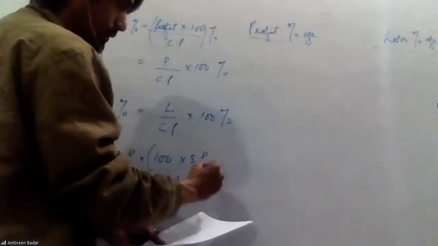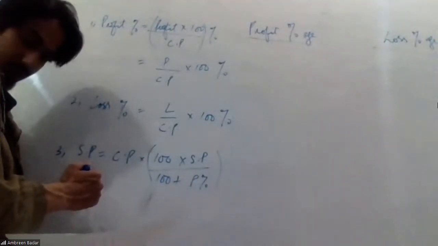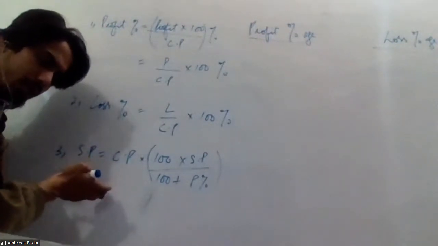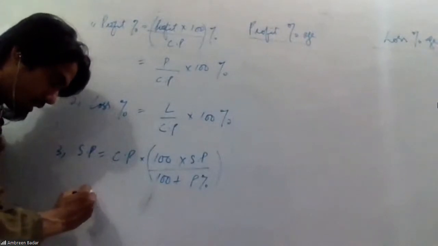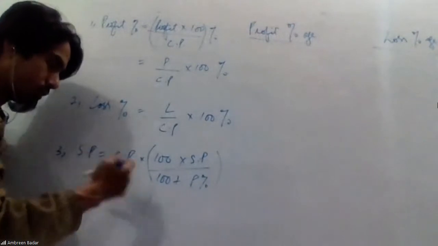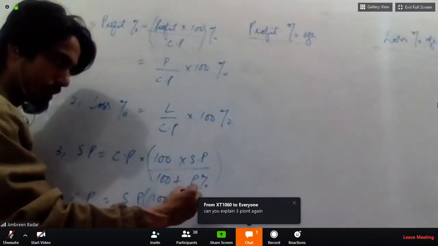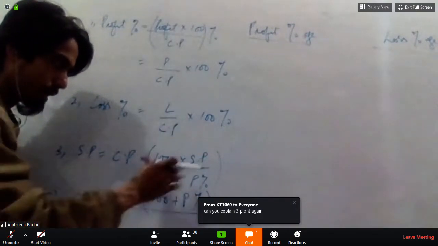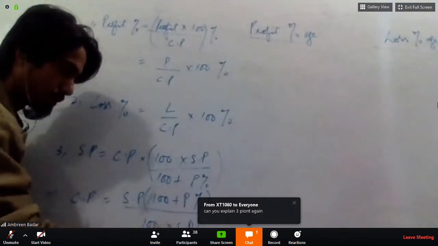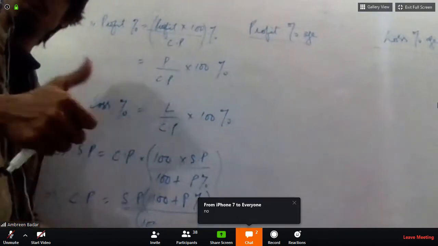Profit percent. Now, if you have to calculate the cost price, it is very easy. From this formula, I can deduce the formula for the cost price. Similarly, cost price would be 100 upon 100 plus profit percent, into selling price.